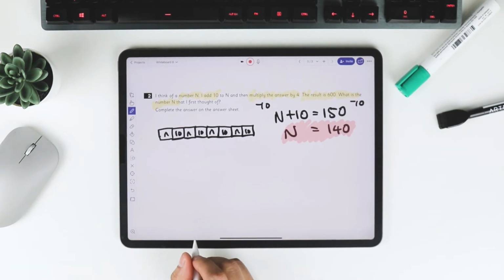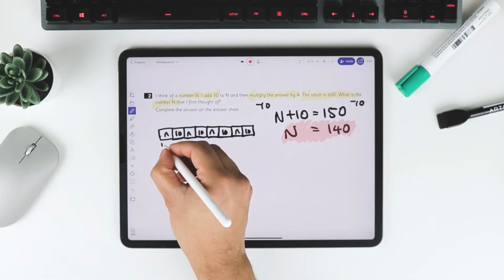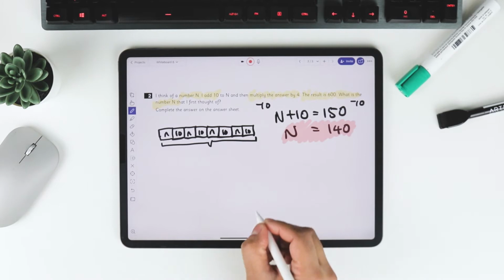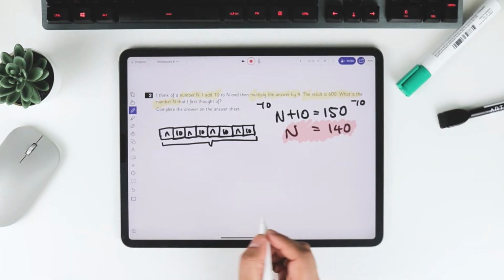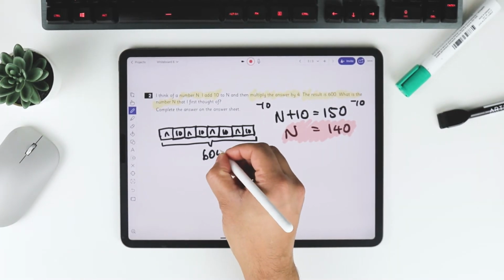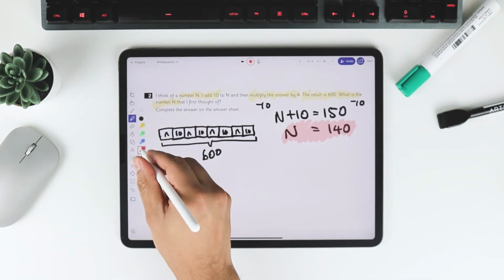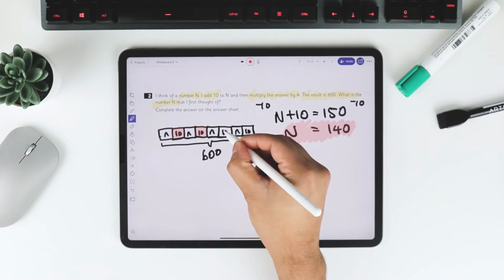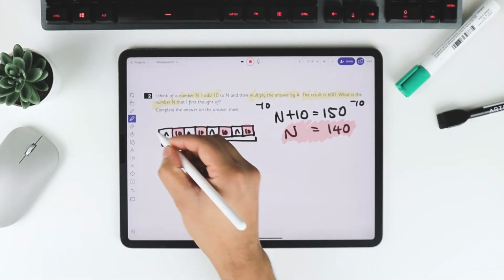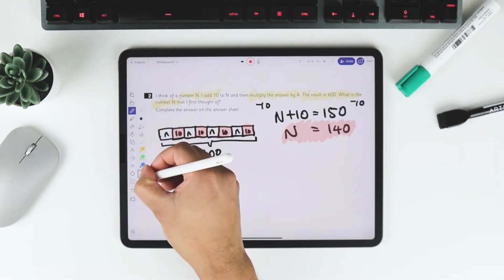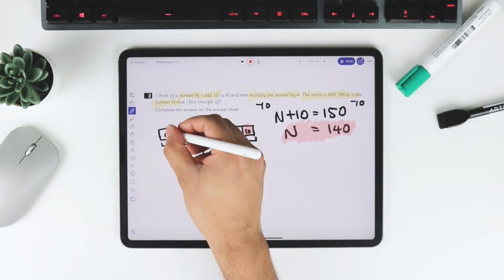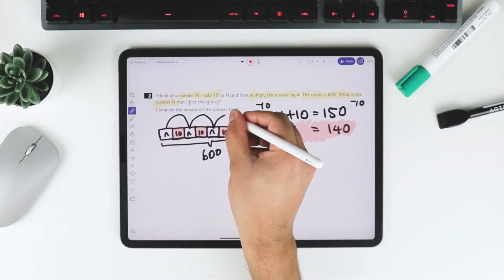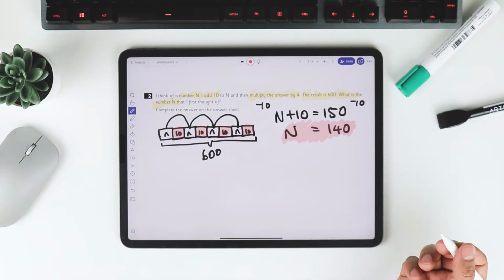I haven't done this very well in terms of proportionality, and all of this is equal to 600. I know that this is 10, this is 10, this is 10, this is 10. So if I take that away, I'm left with 1, 2, 3, 4 n's, 4 equal numbers, that I don't know just yet.